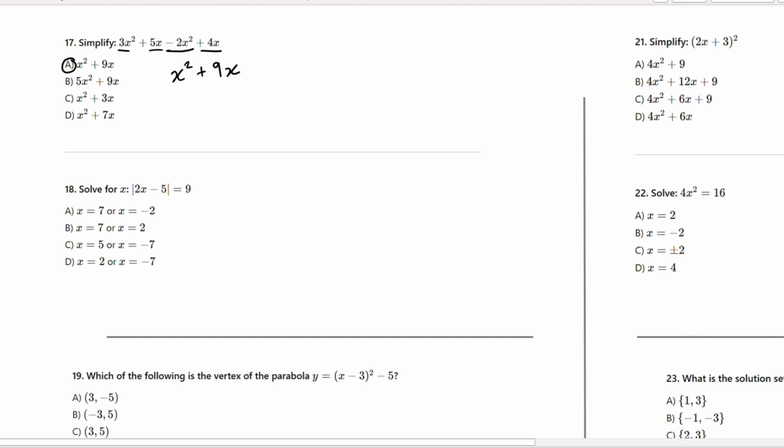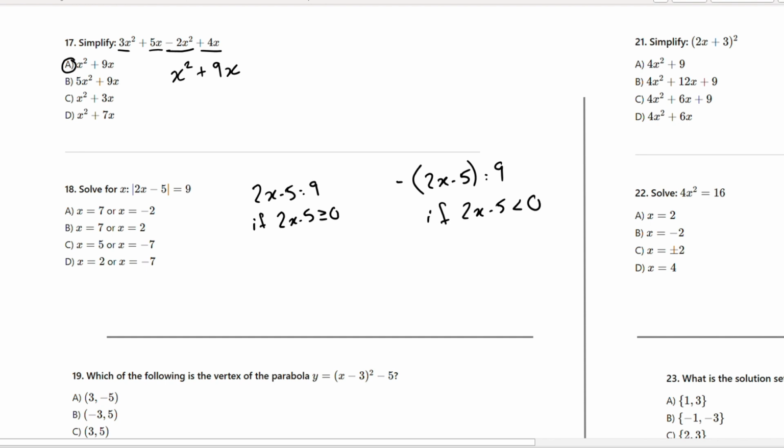The first step I would take is I would do 2x minus 5 equals 9 if 2x minus 5 is greater than or equal to 0. And negative (2x minus 5) equals 9 if 2x minus 5 is less than 0.